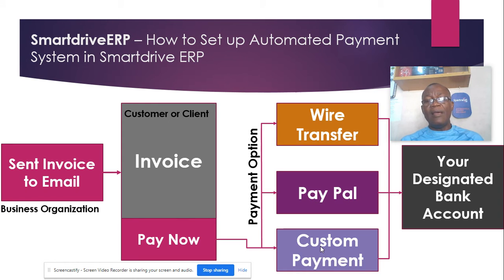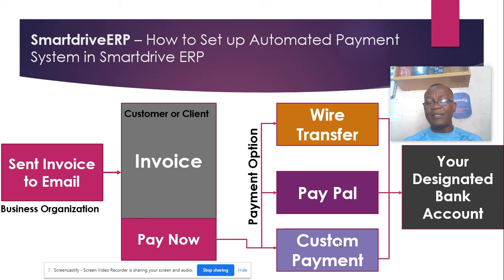Then we've also done some integration, opening up custom payment systems for local payment companies in your own country. For instance, in Nigeria, we're using Interswitch and other payment systems.